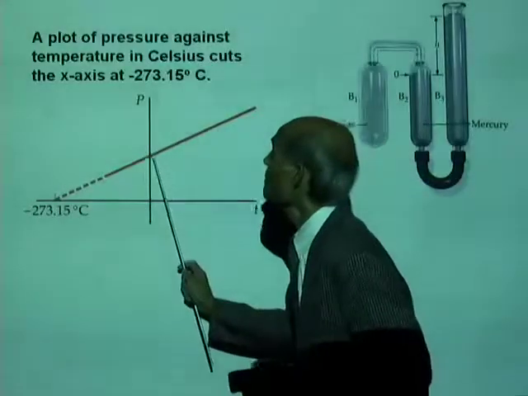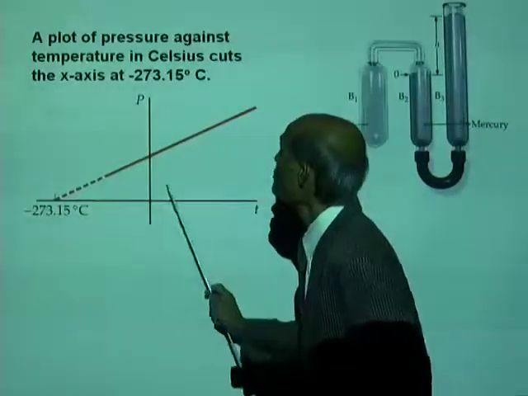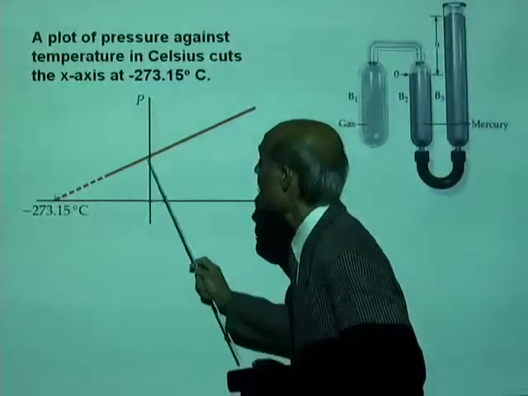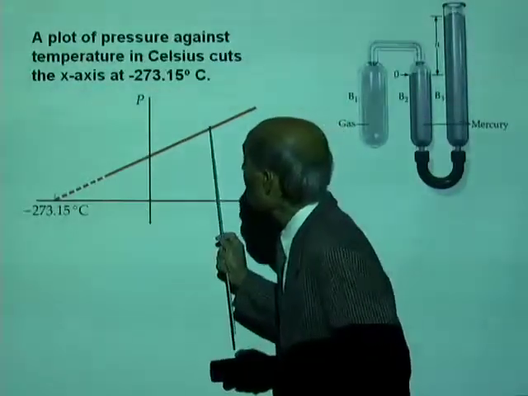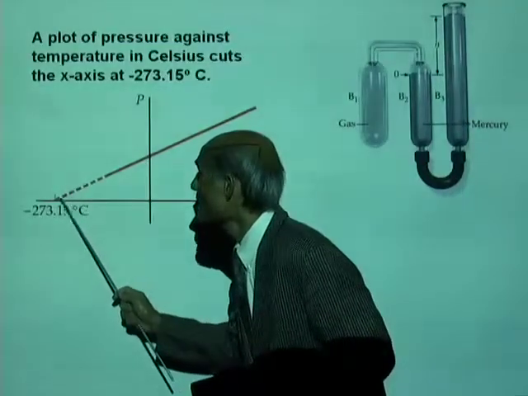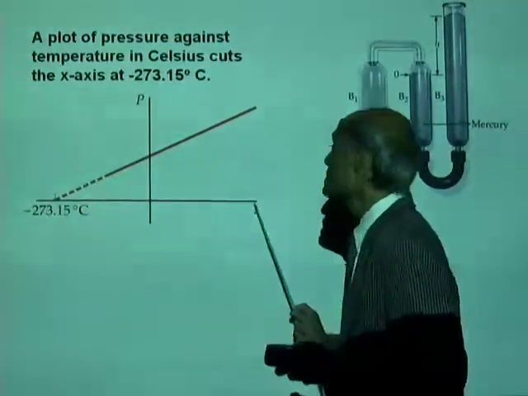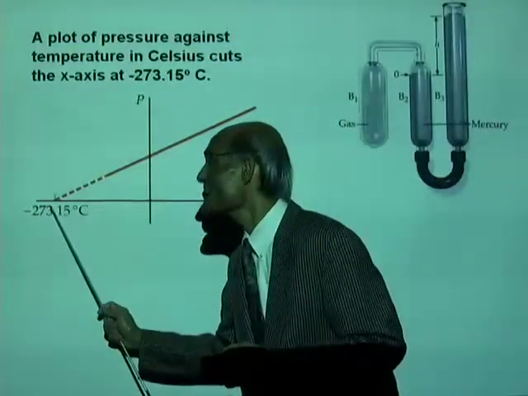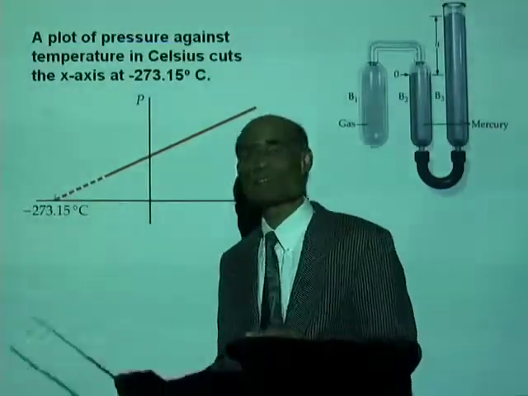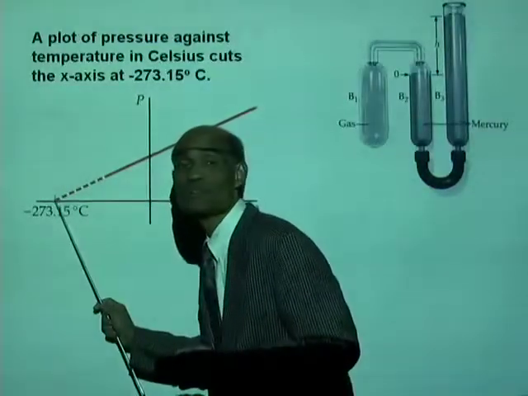The graph will cut the pressure axis, and if you produce that graph backward, it will cut the temperature axis at negative 273.15 degrees Celsius.